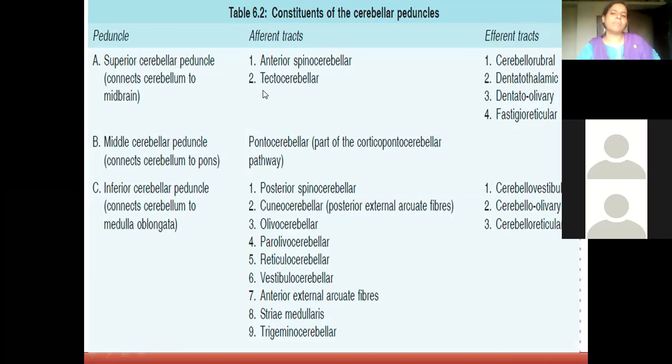Tectum is part of the midbrain; tectum to the cerebellum is an afferent tract. Spinal cord to the cerebellum is spinocerebellar. Pons to the cerebellum is pontocerebellar. Like that, you have many tracts: cerebellovestibular, olivary, and reticular. All these tracts are found in the superior, middle, and inferior cerebellar peduncles.